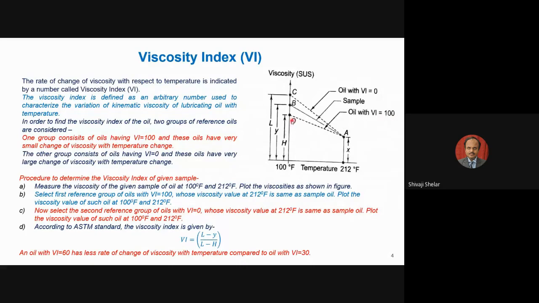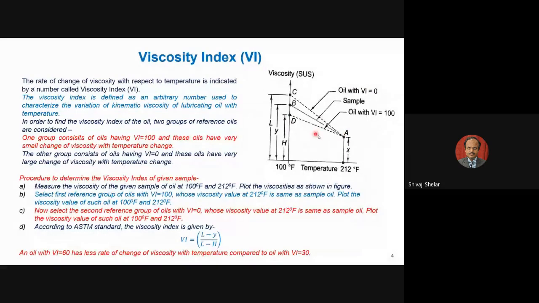The slope of this AD line is lesser than the AB line, and it is further lesser than the AC line. So the slope of AC line is higher because viscosity index value is 0 here. And the viscosity index value for AD line is 100 because the slope of AD line is the lowest.